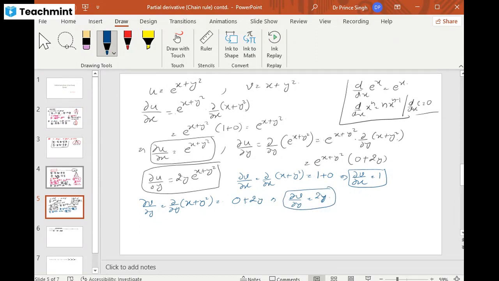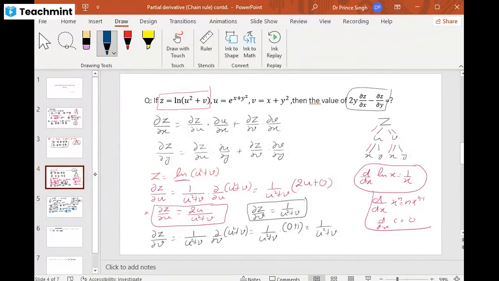On the basis of that, we can get the value of ∂z/∂x.